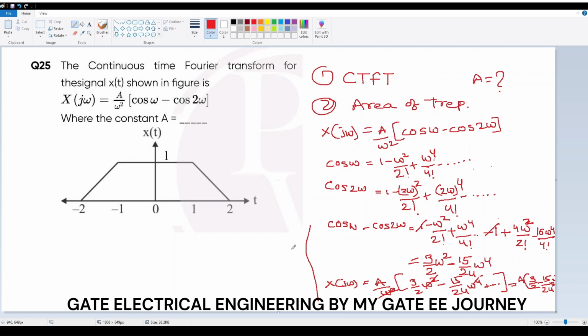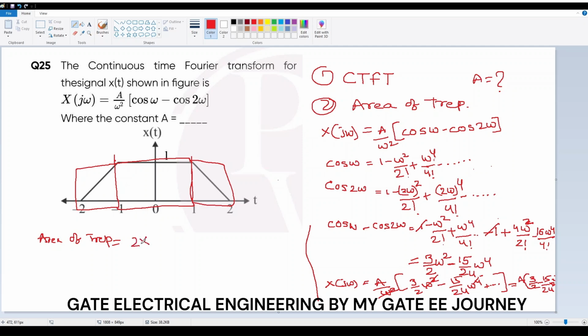Let's go to the next one. So we have simplified X of j omega. Now let us see what is the area of the trapezoidal. This is one triangle, this is another triangle, and this is one rectangle.